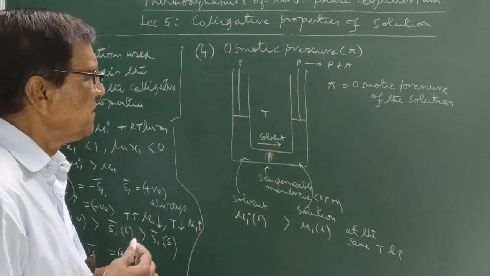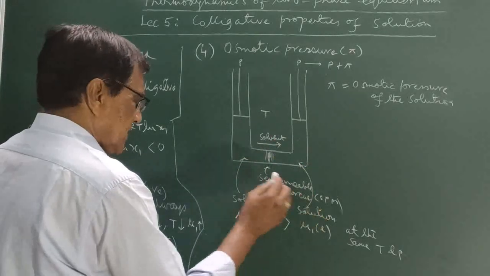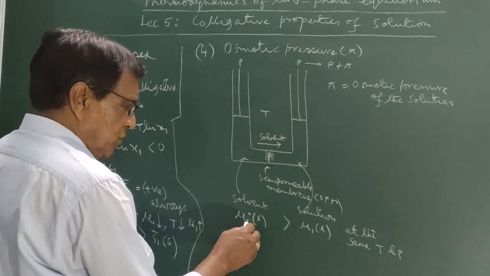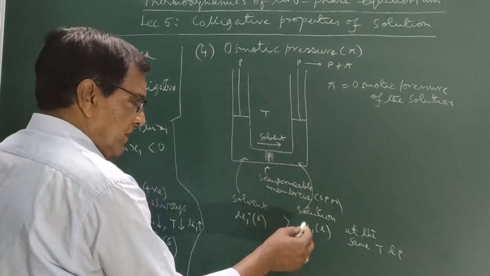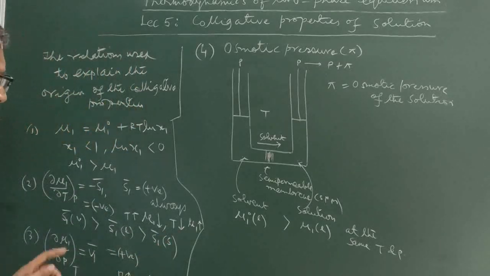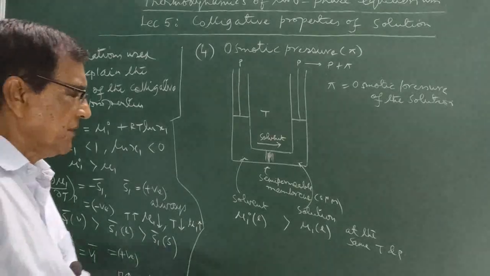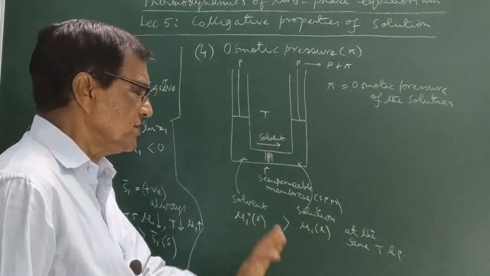So at the same temperature and pressure, this is the pure solvent, this is the solution. Here the chemical potential is mu1 not L, here the chemical potential is mu1 L. We know that the chemical potential of the pure solvent is greater than the chemical potential of the solvent in solution.